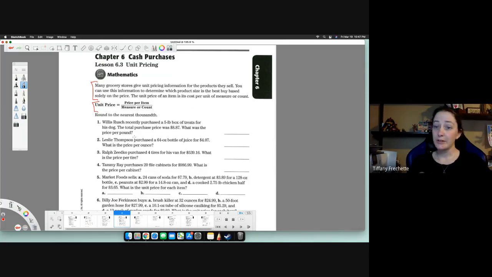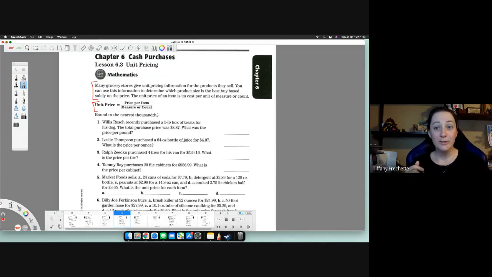And the reason you might want to do this is that if you have two items that are priced with different pounds and different dollar amounts, sometimes it can be difficult to compare them. But if you bring them down to a unit price, pretty easy. So you're going to do price divided by the pound, because in this case that's the measure, and then you can compare both dog treat brands and see which one is the better price.